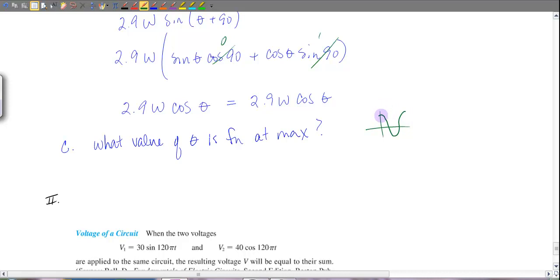Every time I'm up at the top, I'm at a maximum. At what value of theta is the function at a maximum? At 0. Isn't my function at its peak right here? Remember the x-axis is theta, so when theta is 0, my function has a maximum.